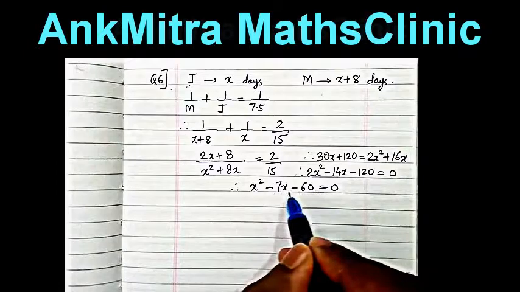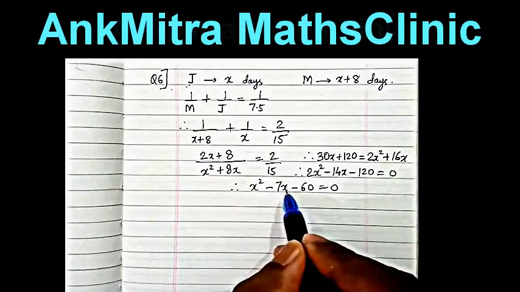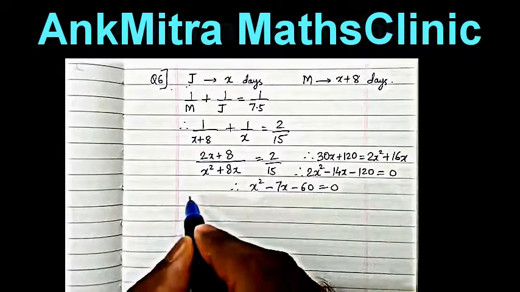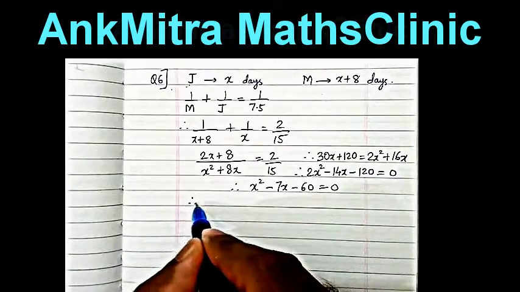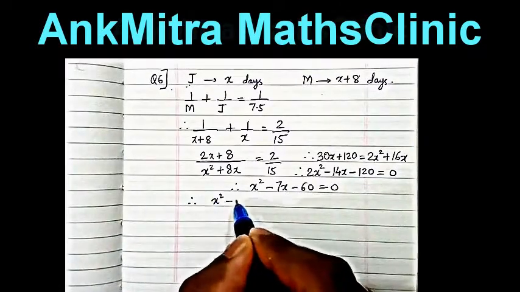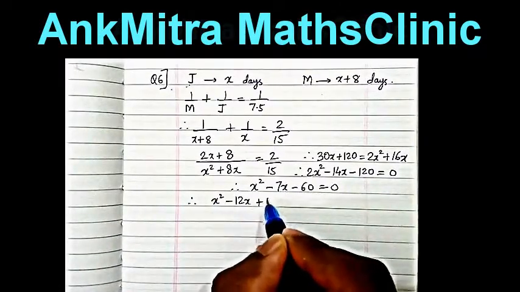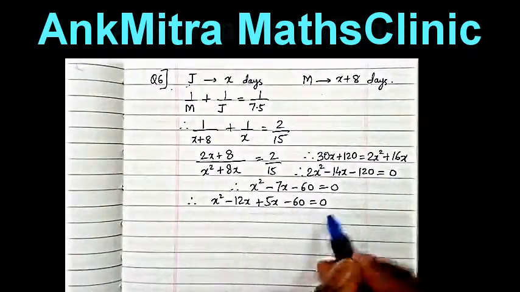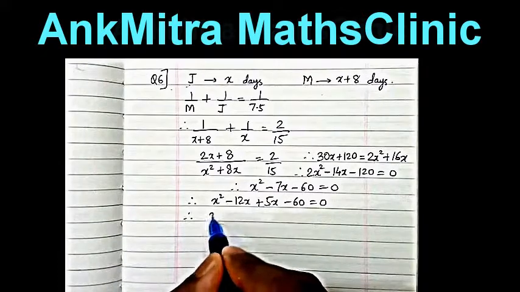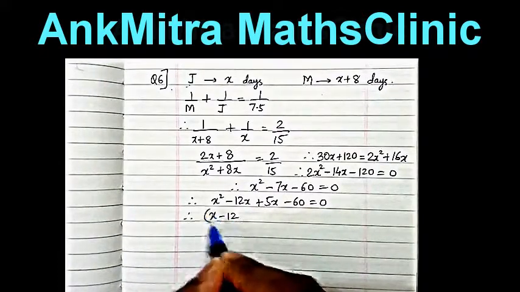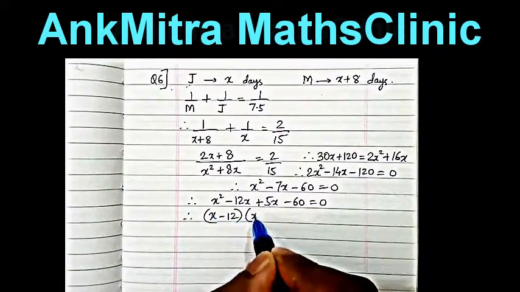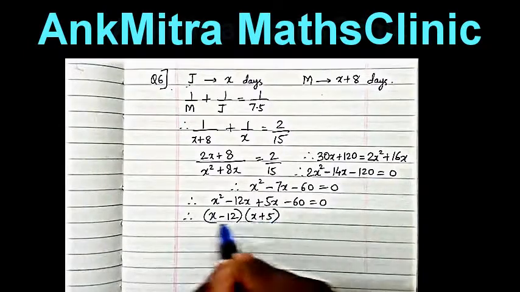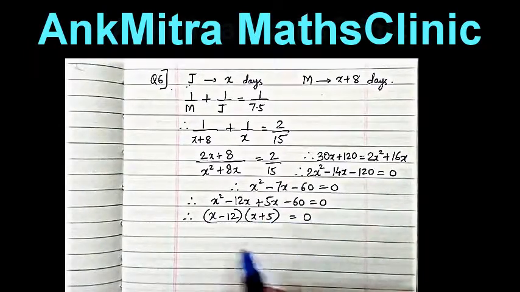So the two factors will be minus 12 and plus 5. Therefore the next step will be x square minus 12x plus 5x minus 60 is equal to 0. Now simplifying this we get x minus 12 in one bracket and x plus 5 in another bracket, and the product being equal to 0.